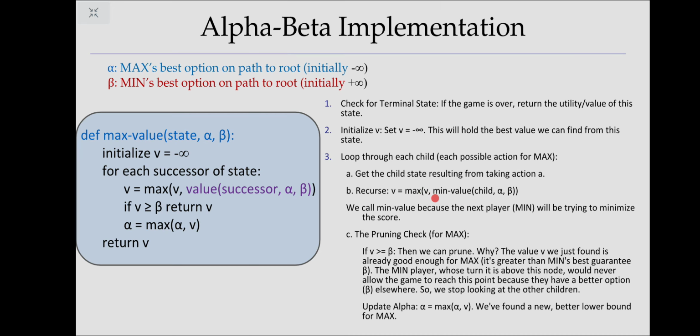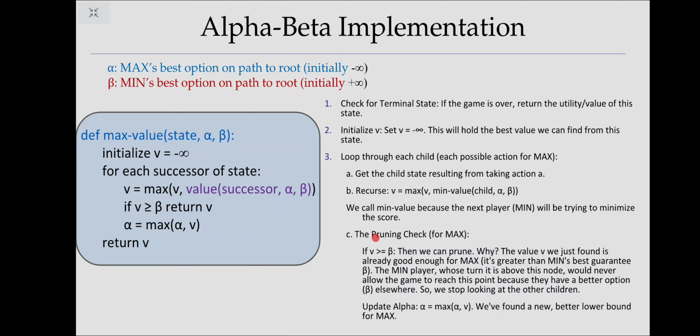If the value returned by the min value procedure is greater than v, we update v. Otherwise, we ignore this value and consider the next. When v is updated, we check it for pruning.